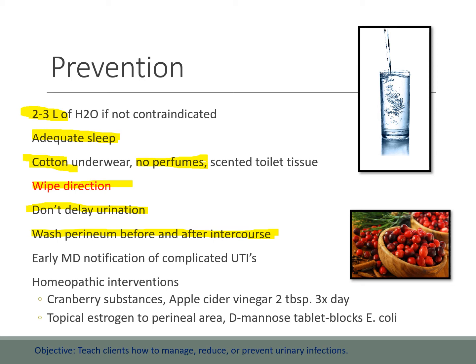Early reporting of signs and symptoms is important, and some homeopathic interventions. In fact, there it is. Cranberries are useful in preventing UTIs. They do not treat a current or active UTI. It has no effect on an active UTI.